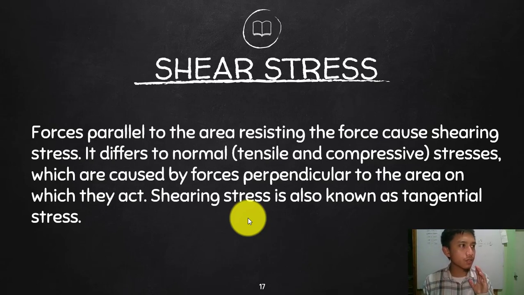How will this resist? In normal or axial stress, the area resists by trying to stop the force from pushing, or trying to stop the force from pulling. That is normal stress. Tangential is parallel: this is the force, this is the area. How will that area resist this force so that you have a stress?